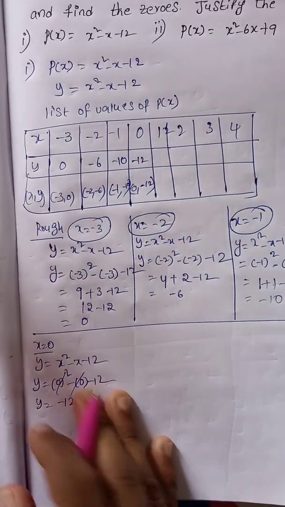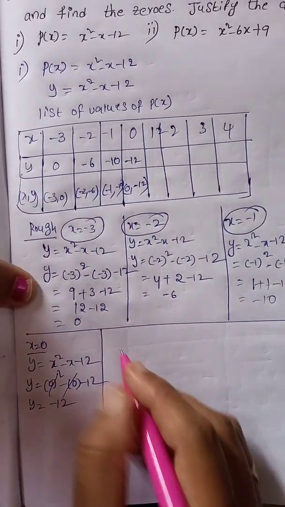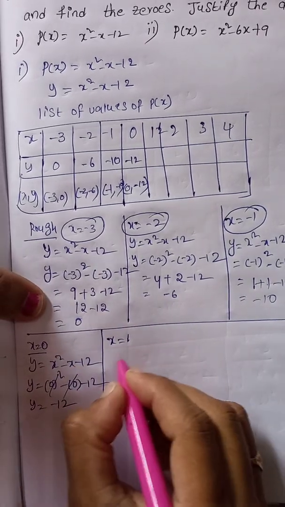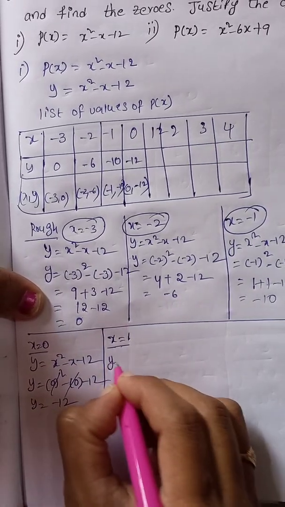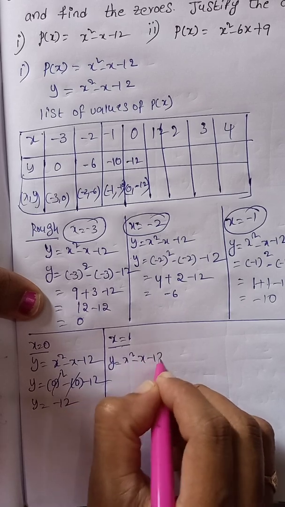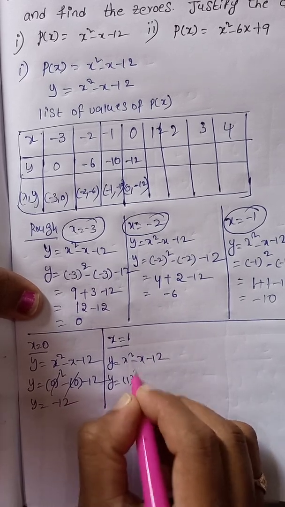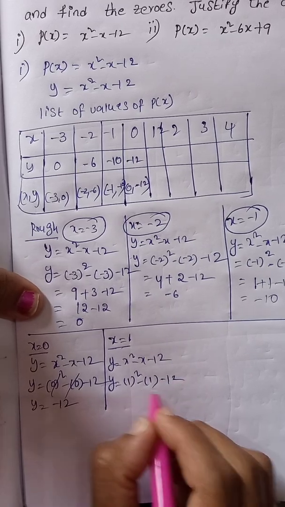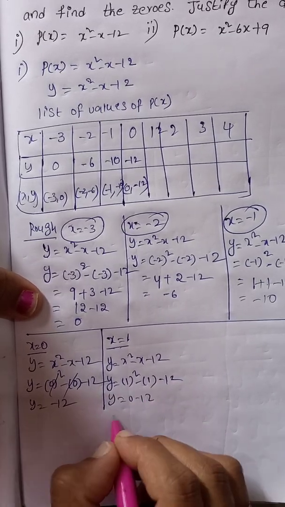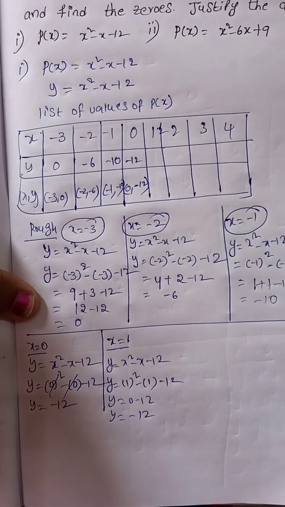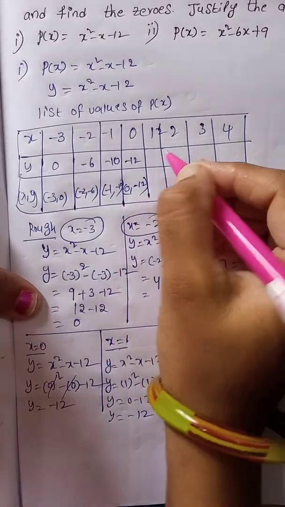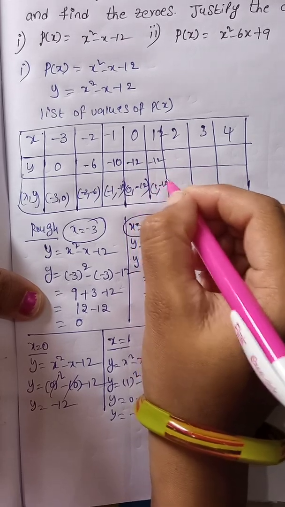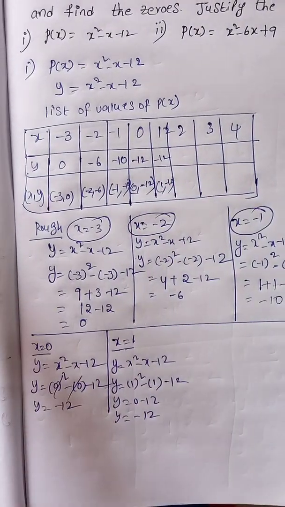Now substitute x equals 1. y equals 1 whole square minus of 1 minus 12. 1 minus 1 is 0, 0 minus 12 equals minus 12. So 1 comma minus 12.